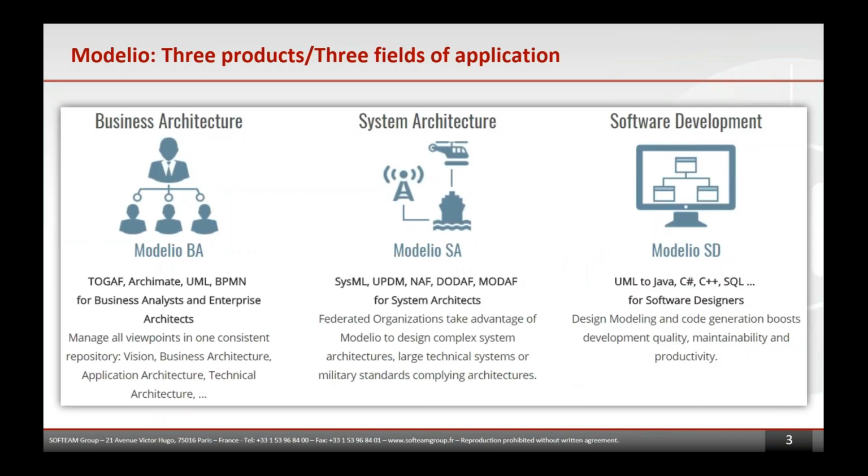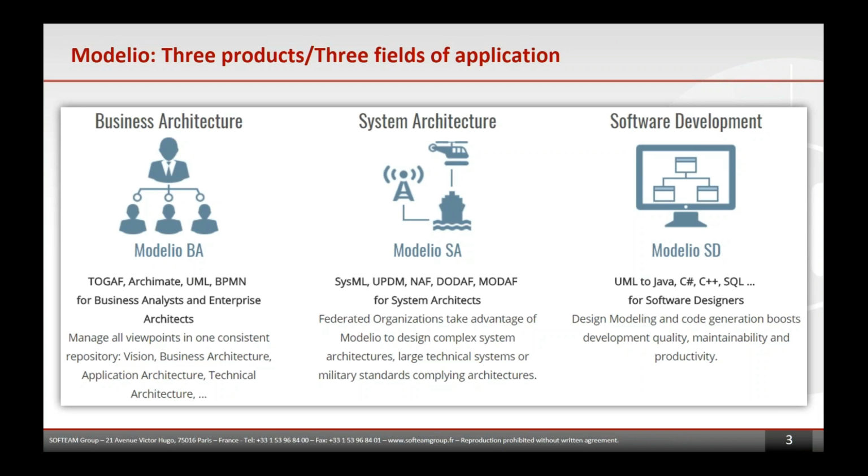Modelio has 3 different products dedicated to 3 fields of application. One is for business architecture, Modelio BA. Modelio BA supports TOGAF, ArchiMate, UML, BPMN, and, for example, business process modeling, enterprise architecture modeling, and so on.